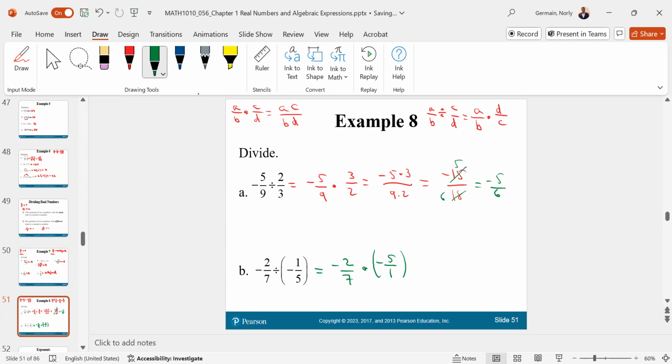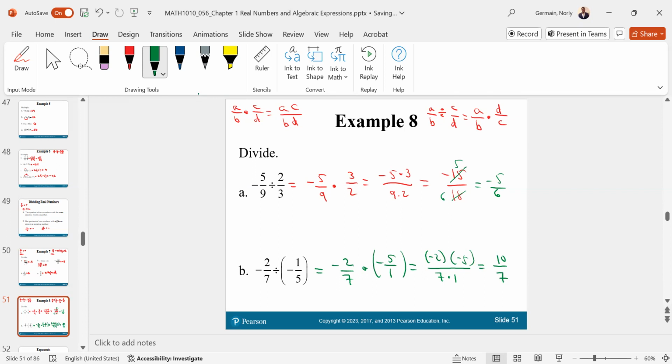If both of them are negative, minus, they are still positive. So we can rewrite as -2 times -5 over 7 times 1. So this one would give you +10 because 2 negatives give you positive in multiplication.